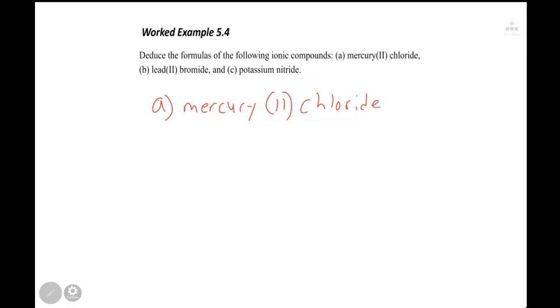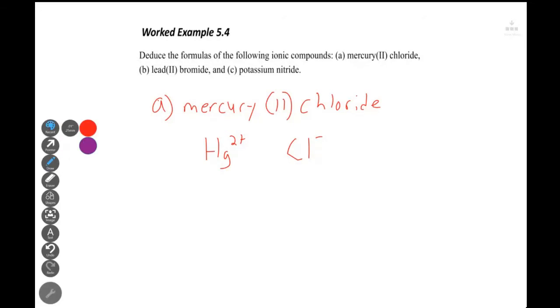Okay, so now that we have the name, we're given a charge here, so mercury, chemical symbol Hg. We can just write this as 2 plus. Then we have chloride, which we know is Cl minus. So we have the chemical symbol for each and we know their charge. Now we can do the little crisscross method.